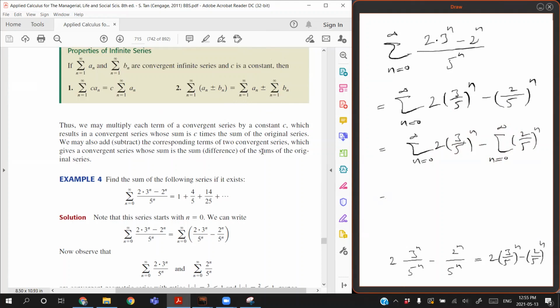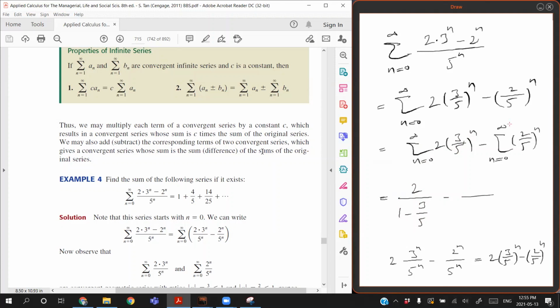Now I can use the formula for geometric series. The first term of this is going to be 2. Imagine if I plug in 0 into this, I get 3 over 5 to the power of 0 is 1, 1 times 2, 2. Over 1 minus r, and r is 3 over 5.